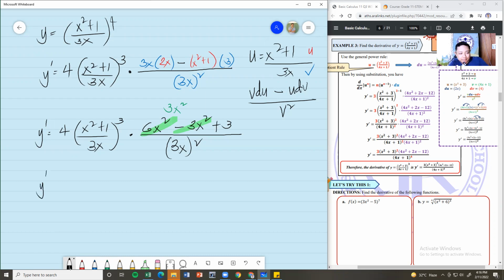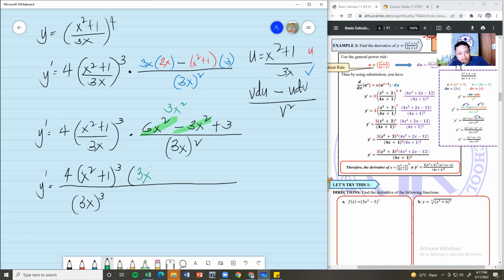So, y prime will be equal to 4 times x squared plus 1 cubed, which can be separated, and then 3x in the denominator, 3x cubed. Same thing. We distributed the exponent to the numerator and denominator. Okay? And then times 3x squared plus 3. I made it green so it's obvious where it came from.